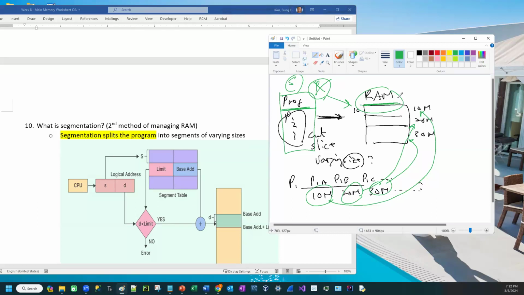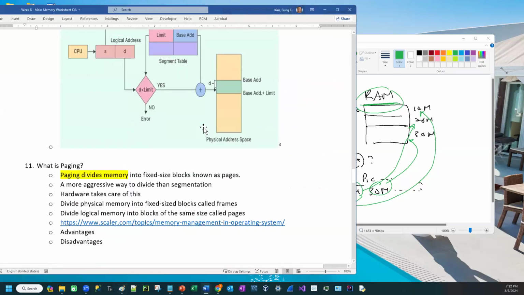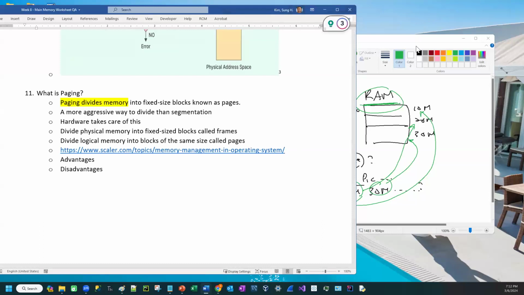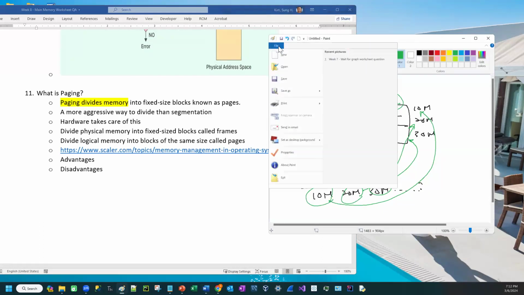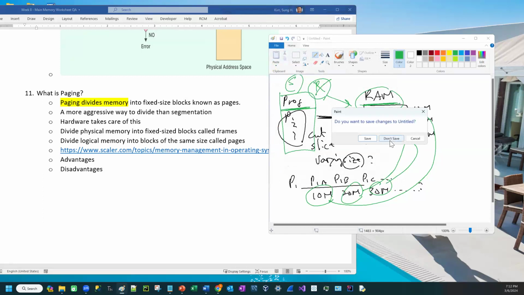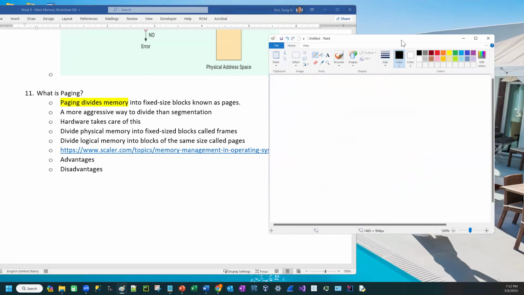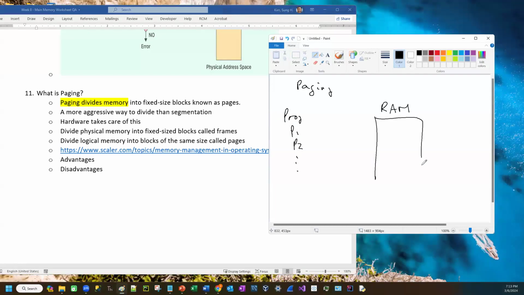Now, the third method, the paging. Paging is exactly the opposite, well, maybe not exactly the opposite. When you have the processes here, P1, P2, and so forth, and here's the RAM, in the segmentation we split the processes to fit here.